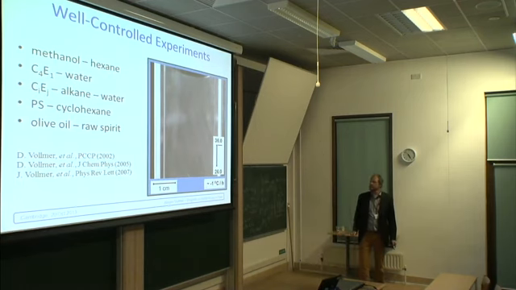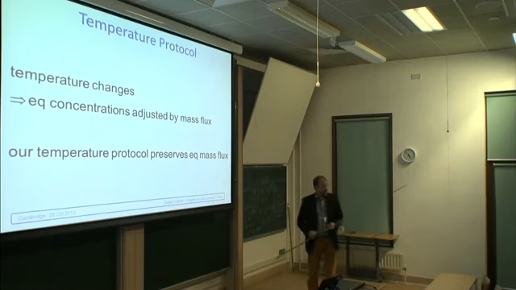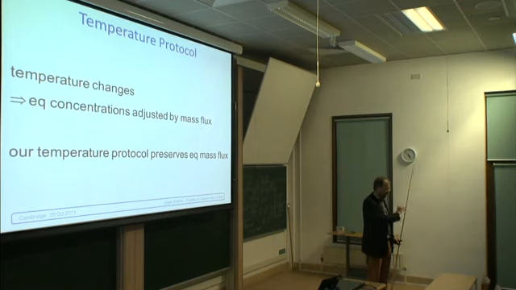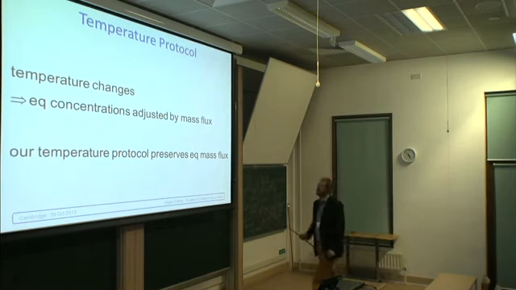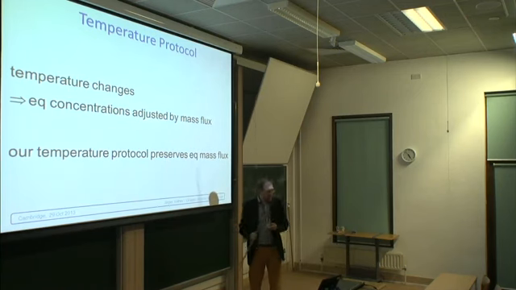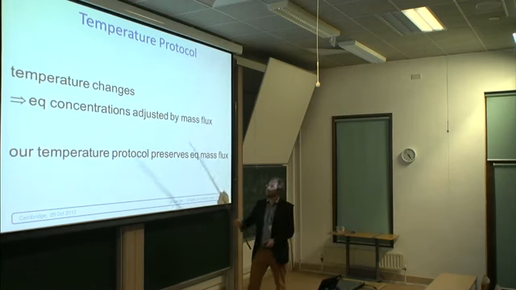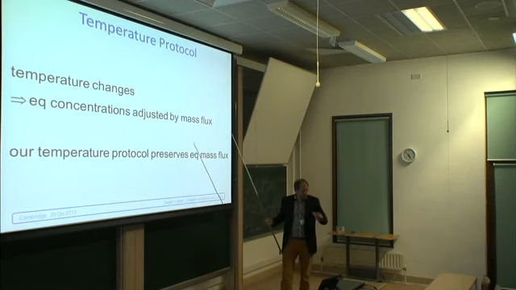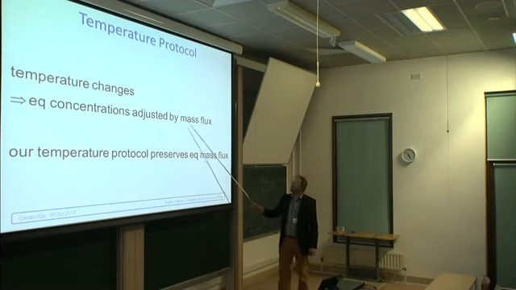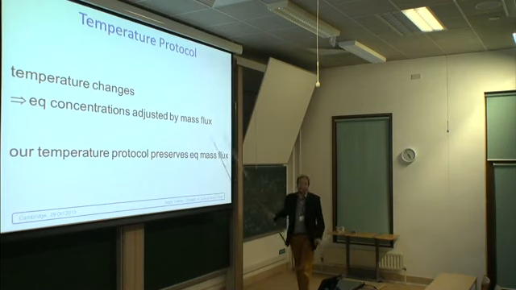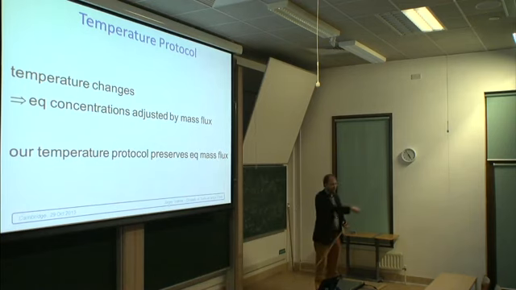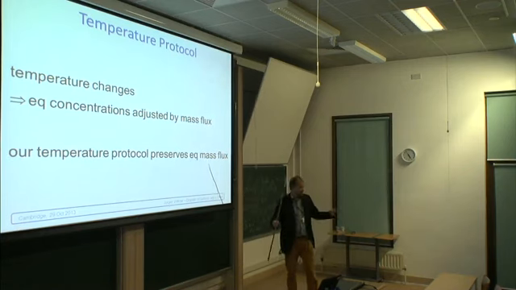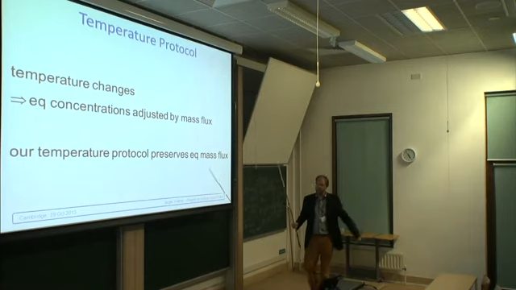So let us see now. For me, the first issue is to decide about my temperature protocol for my experiments. I want to build it from the bottom. What I explained now is that the temperature changes lead to a change of concentration, and so they induce a mass flux between the surrounding medium and the droplets. The droplets grow. And this mass flux can be calculated based on the phase diagram.